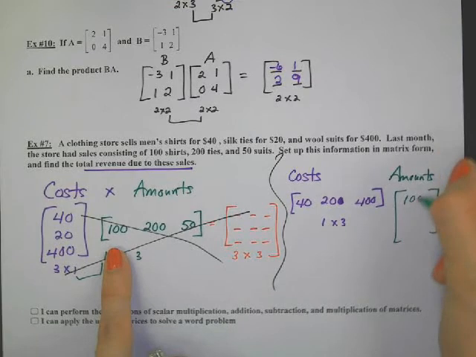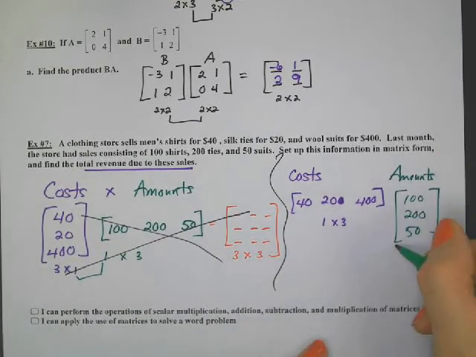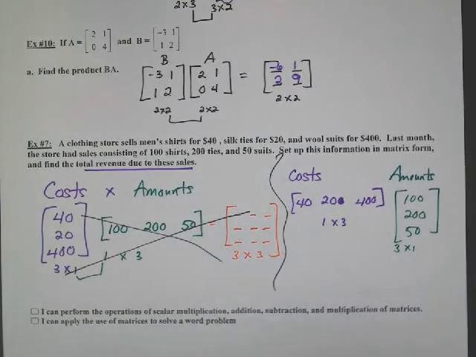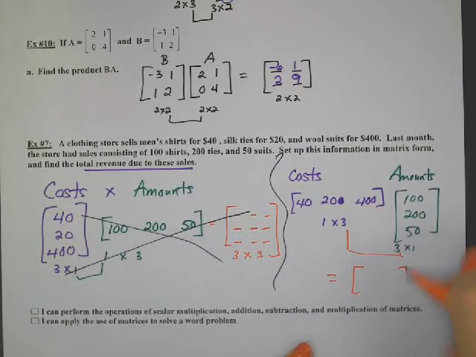The amounts are 100, 200, 50. If you have a 1 by 3 and a 3 by 1, okay, I know that will work, and the answer is going to be a 1 by 1. Does that make sense to determine the total revenue for the sales? I think this is the right setup.